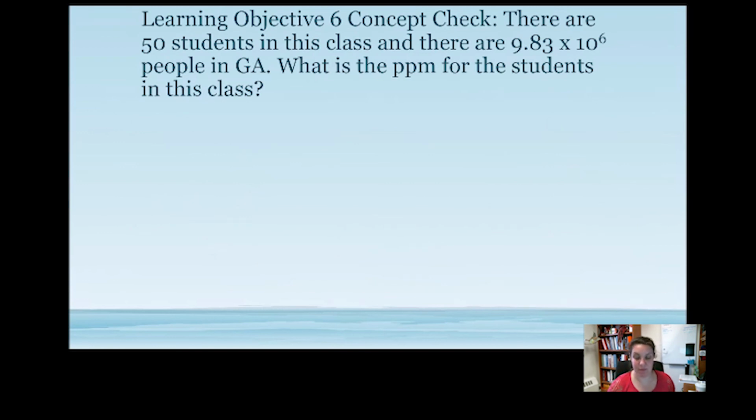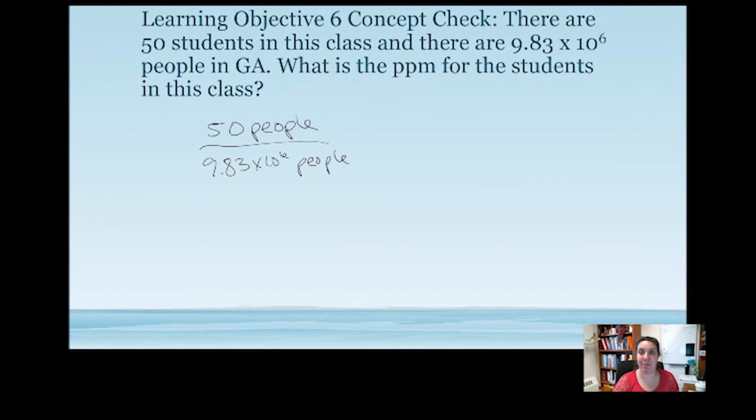Okay? So, let's try determining parts per million for students in this class versus people in Georgia. As long as we keep the unit the same, we have 50 people, and we have 9.83 times 10 to the 6 people. So we have 50 people in this class.